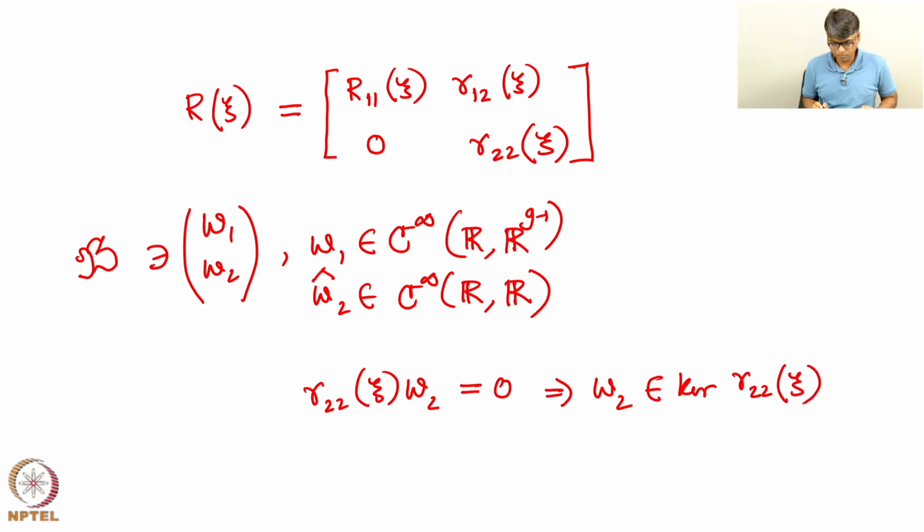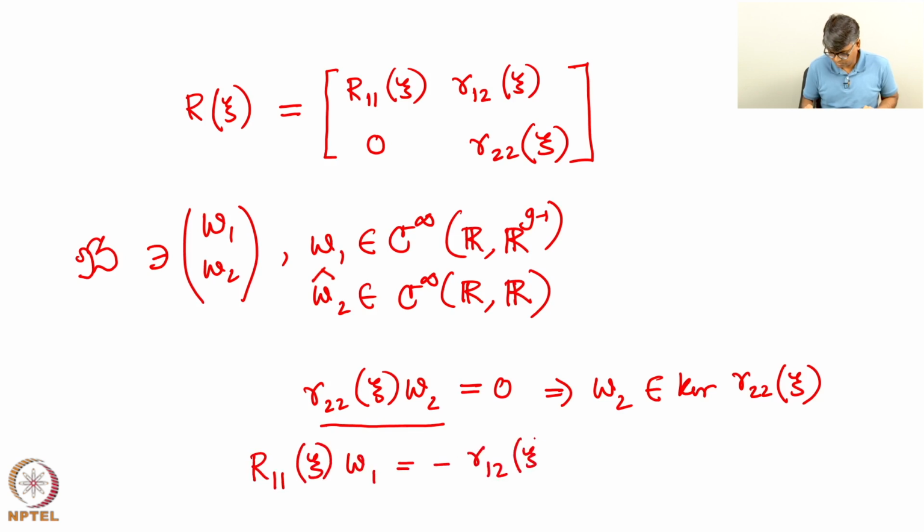Now, further it also means, how do I get the corresponding w1? Notice carefully, this is very important for us. R11(ξ) w1 must then be equal to minus R12(ξ) w2, right? Can I get a w1 that satisfies this equation with this particular w2?